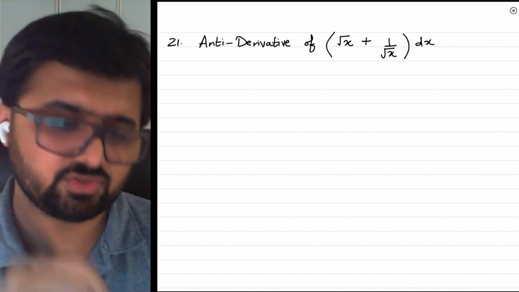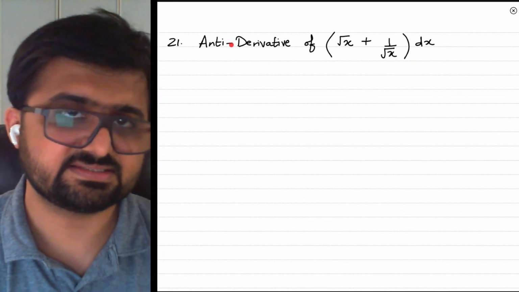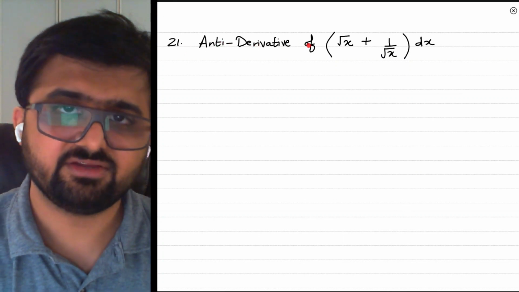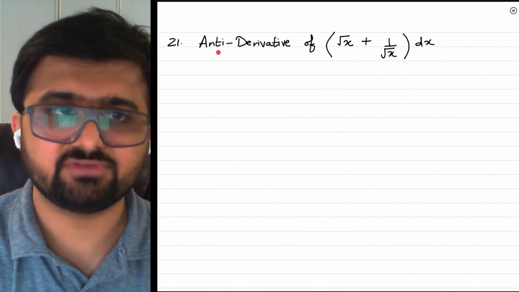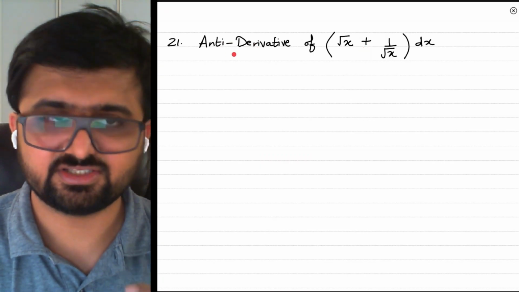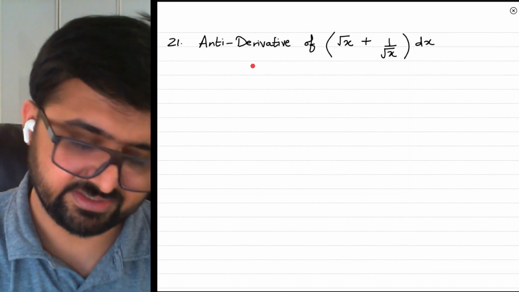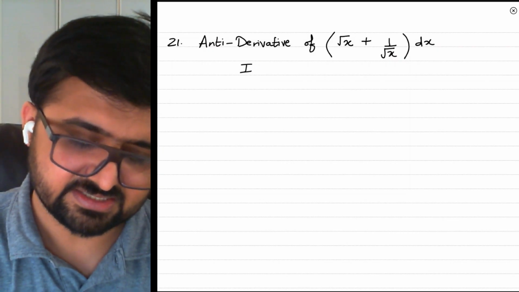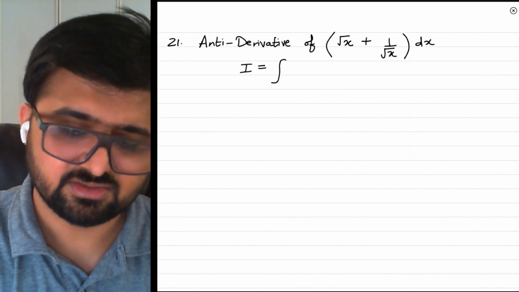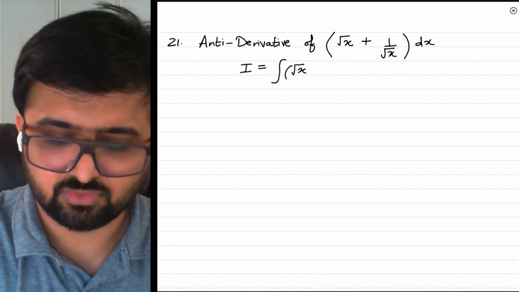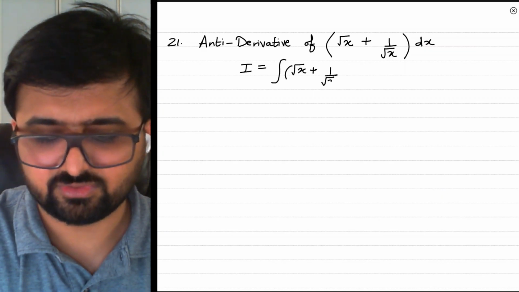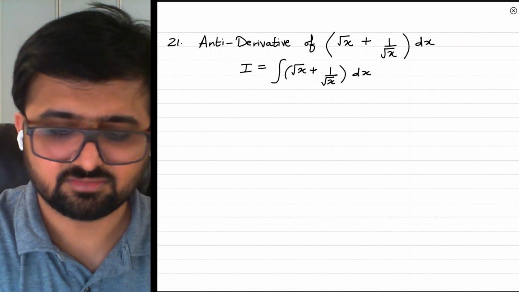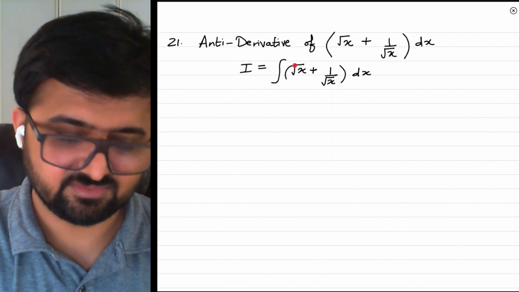All right, let's look at question number 21. It says antiderivative of this. Now, antiderivative we know is just integrals. As we discussed in the first video, antiderivative is nothing but integral. So basically what they are saying is find the integral of that function, root x plus 1 over root x dx, because that antiderivative is nothing but an integral.